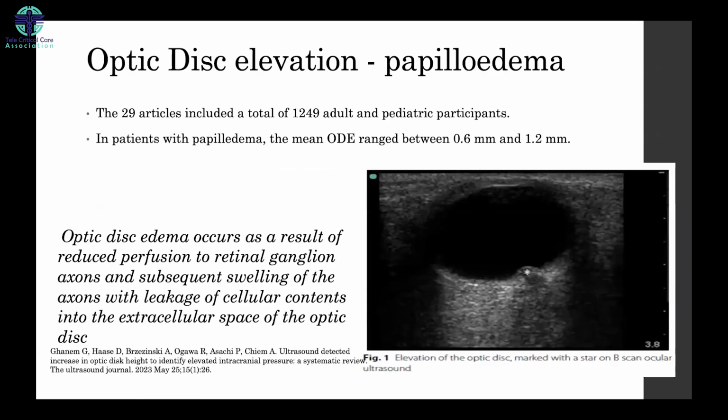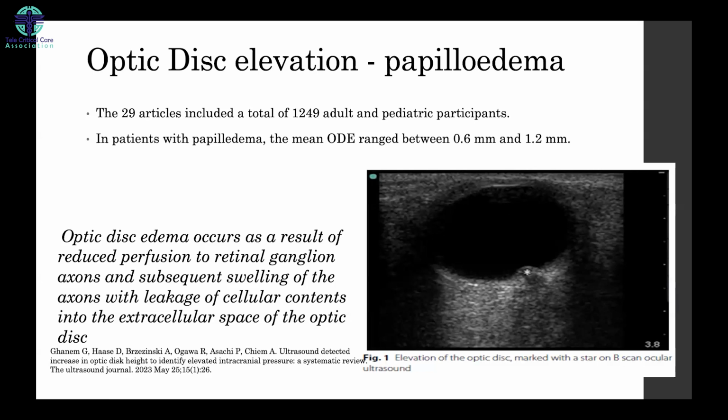Now, there is another way to identify if there is rise in intracranial pressure, that is looking for the papilledema. So when the fundoscope is not present, we can use the ultrasound itself to identify papilledema. So we can look for the optic disc elevation. The point where the optic nerve is entering into the retina is the optic disc.